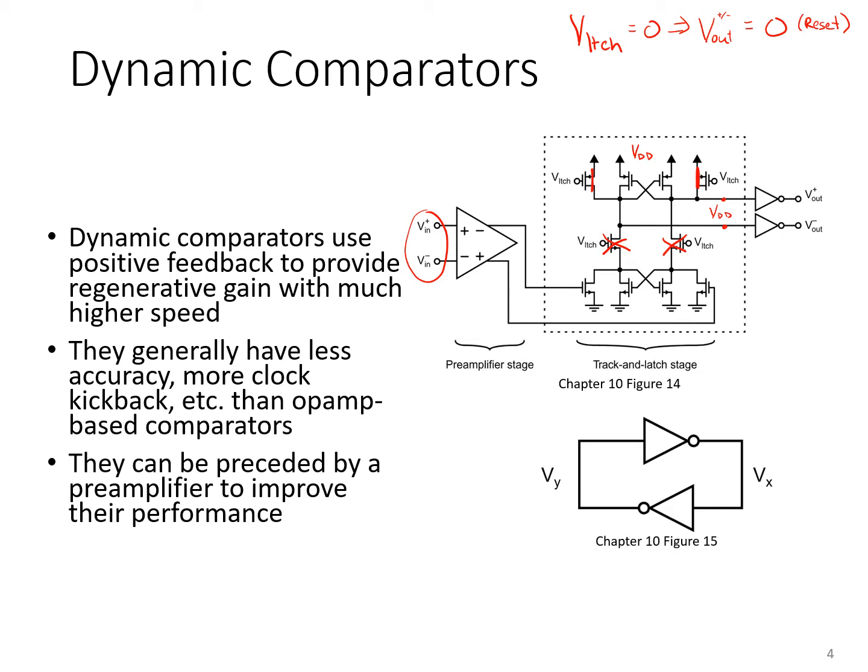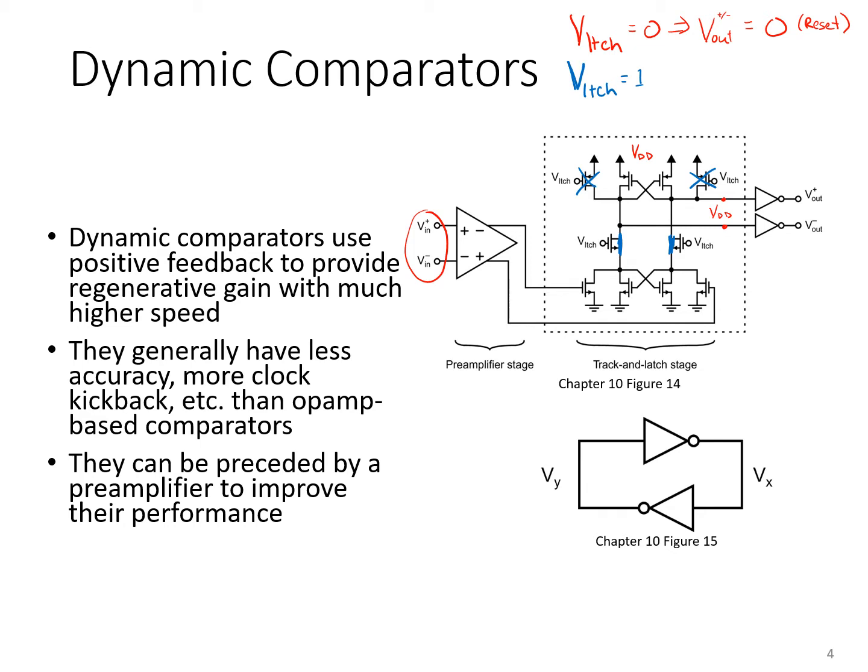Next, let's think about what happens when the signal V latch goes high. Let's call it a binary 1, but really it's a high voltage level that would ideally be equal to VDD, the supply voltage. In that circumstance, these two transistors would turn off, and these two transistors would turn on in triode and serve as closed switches.